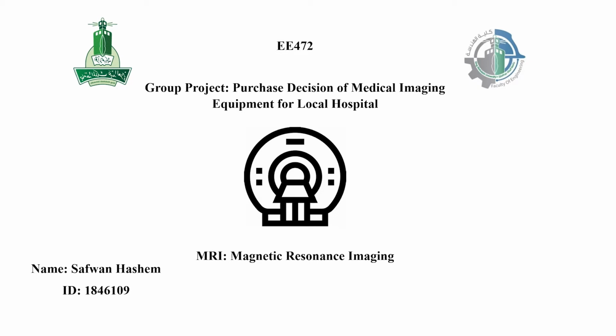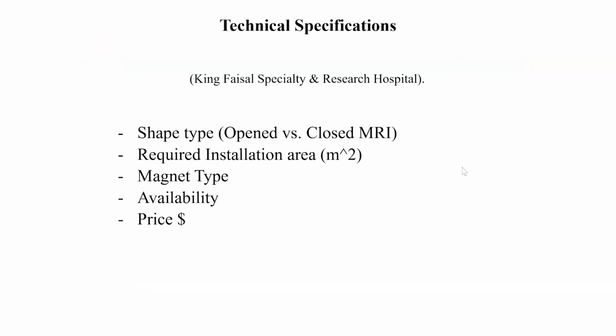First of all, I'm going to talk about the technical specifications. Then I'll go through the tender document, which is a document that is proposed to the vendors. Then I will obtain different alternative devices. Then we can make the right decision based on our criteria. So let's start with the technical specifications for the King Faisal Specialist and Research Hospital.